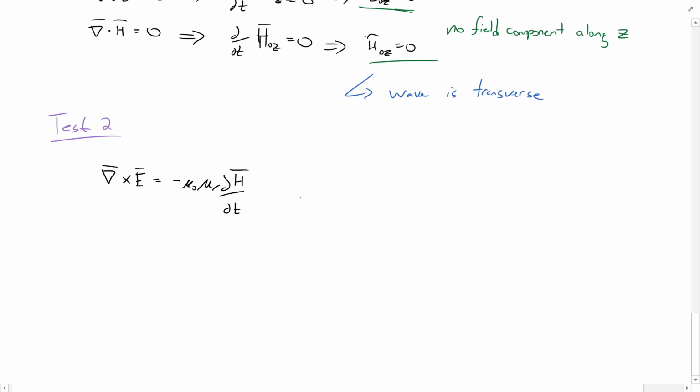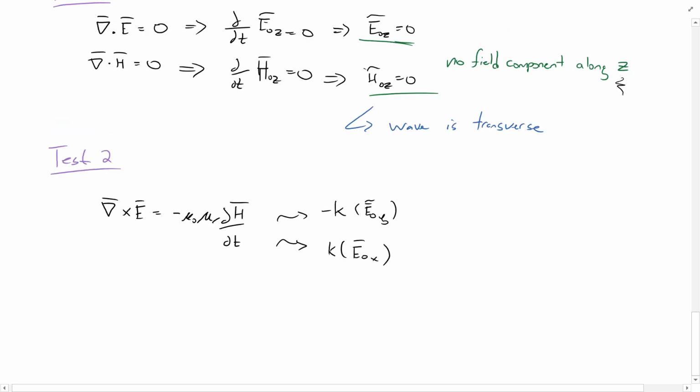From Faraday's law, we can generate these two expressions, basically just for our electric field components, which are in the y and x direction, because we just confirmed that they're not along z.